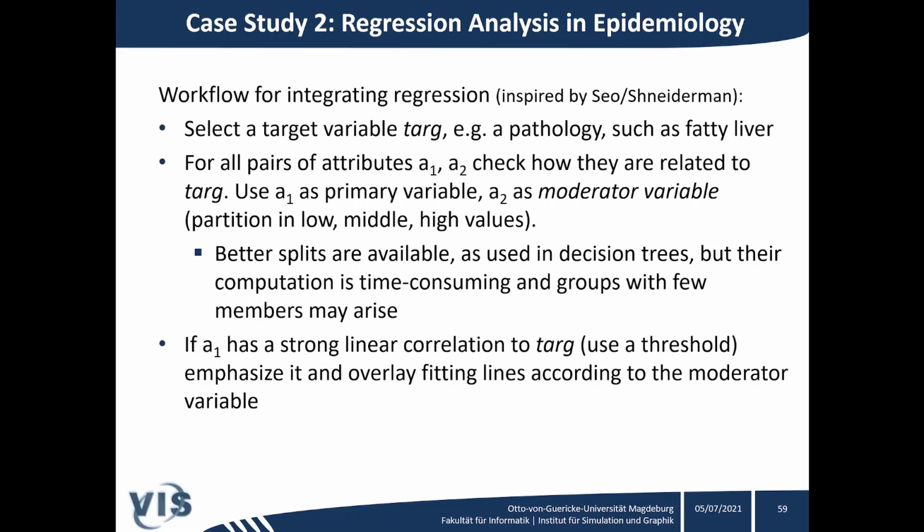With this, better splits are available as used in decision trees, but their computation is time-consuming and groups with few members may arise. Thus, if A1 has a strong linear correlation to the target variable, use a threshold, emphasizing it, and overlay fitting lines according to the moderator variable.